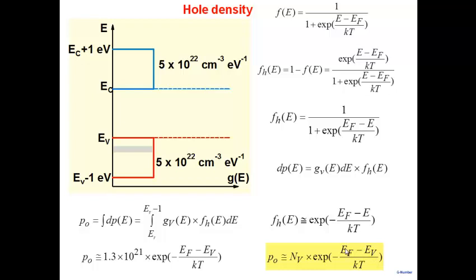So exactly a similar expression: P0 depends on the effective density of states in the valence band. Okay, so two very, very important equations here. One gives you the relationship between electron density and the position of EF with respect to EC. The other gives you hole density in terms of the separation of EF from EV.